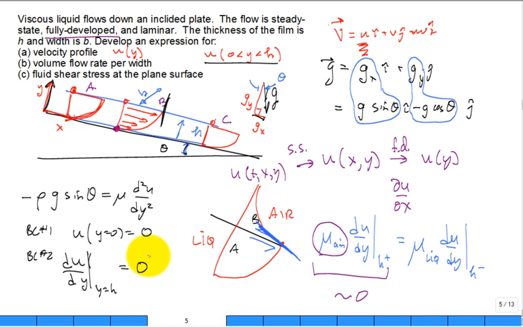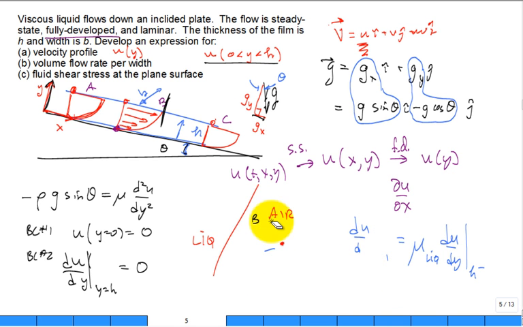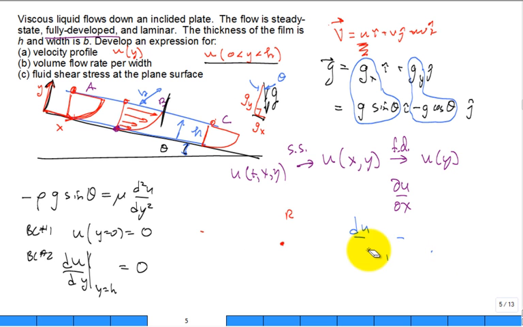So, with these two boundary conditions in that differential equation, can you solve for u as a function of y? Let me pause, walk around, let me see if you can do that. This is one of those where I know you can do it given the time. So let's just work through it together.